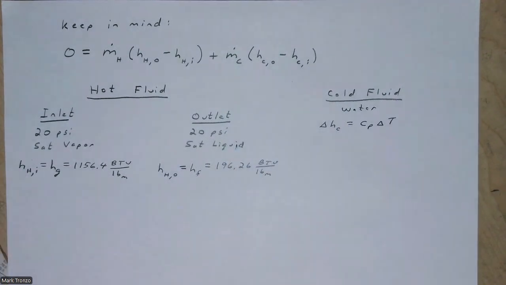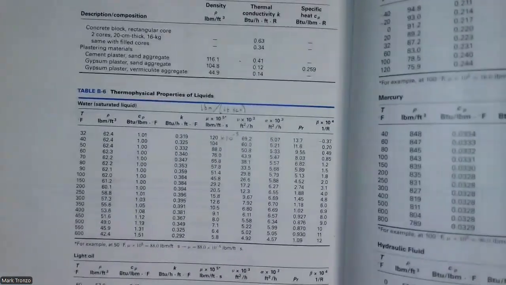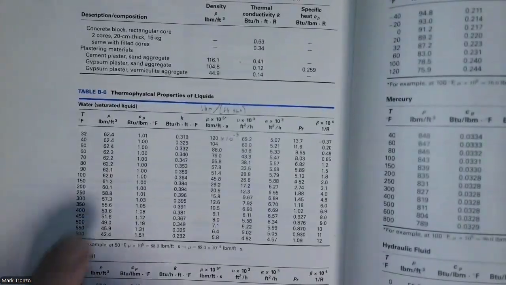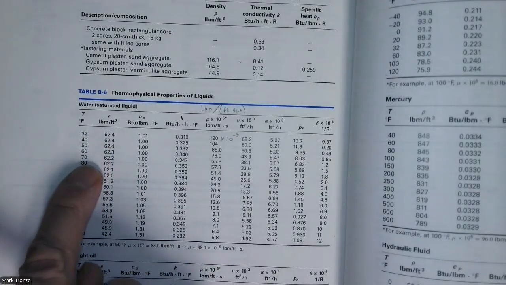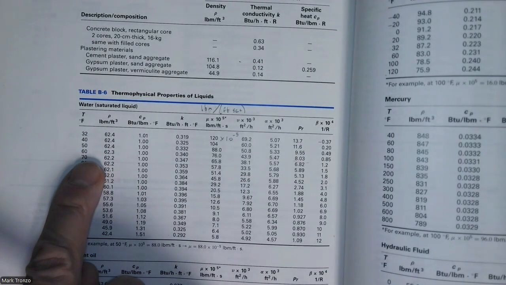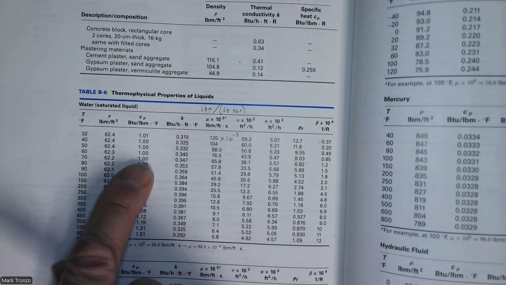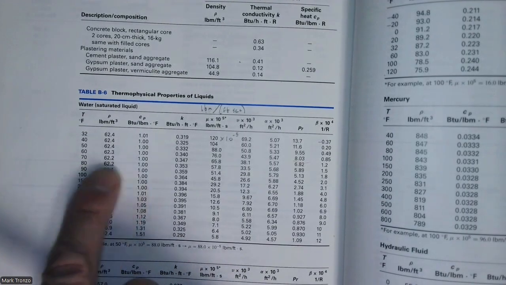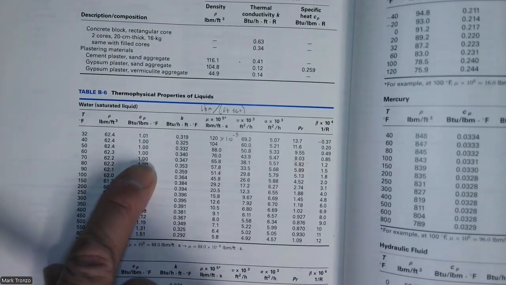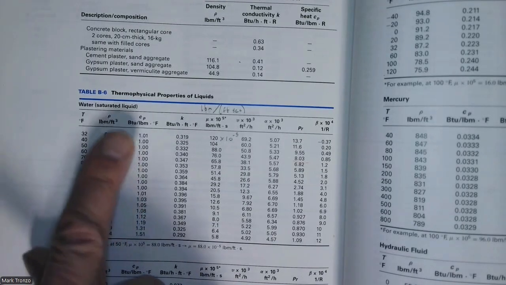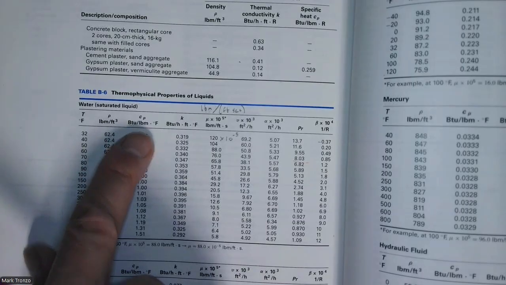And so we need Cp. If we look in my book, this is table B6, and we're around 70 degrees. You can see Cp is about 1, pretty much for all those values, around 70 to 80 and so forth. So it's pretty easy: 1 BTU per pound mass degree Fahrenheit.